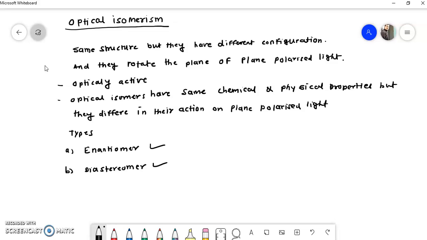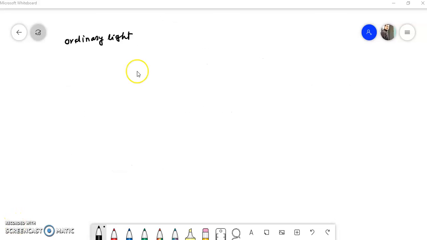But today, in this primary video on optical isomers, we are just going to study the concepts: what is plane polarized light, and what is optical activity. Then we will see enantiomers and diastereomers in detail.